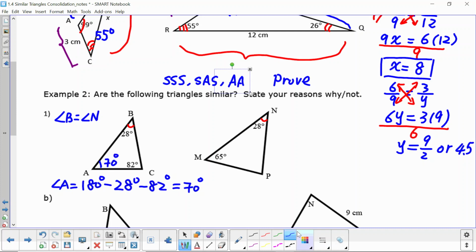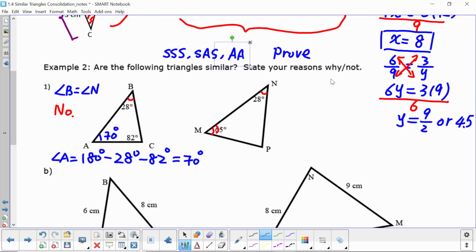Then you are going to see that the 65 is not equal to any of them. You have only one corresponding angle equal, so this is not. No, they are not similar. State your reason.